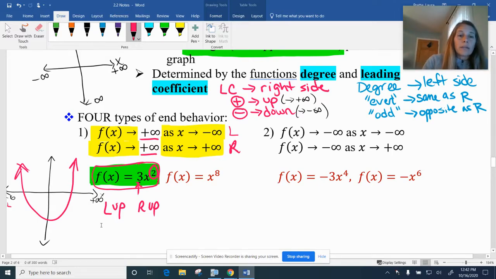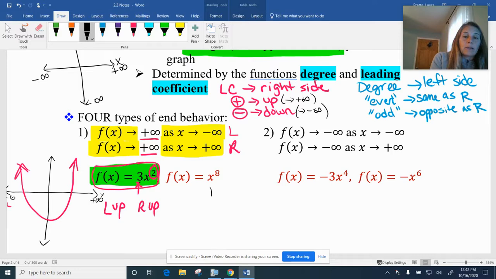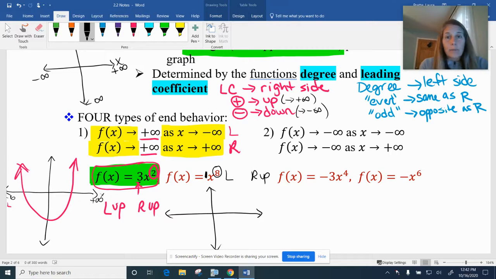So now another example for one like this would be x to the 8th power, 1x to the 8th. So again, the right side here is a positive, so the right side's going to go up. The left side is determined by this exponent, which is an even exponent. So it's going to do the same thing as the right, and it's also going to go up.